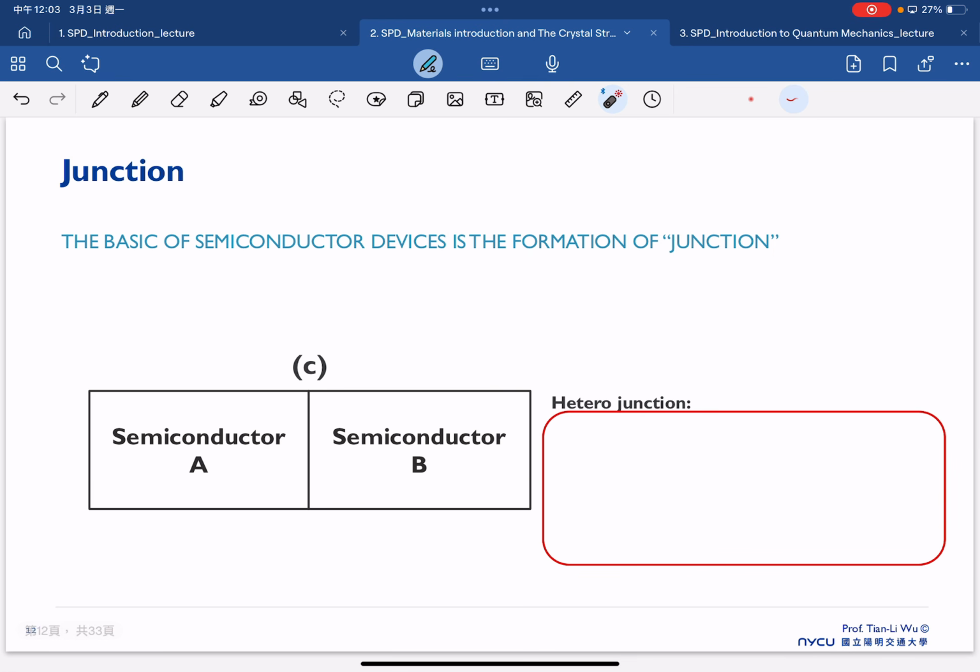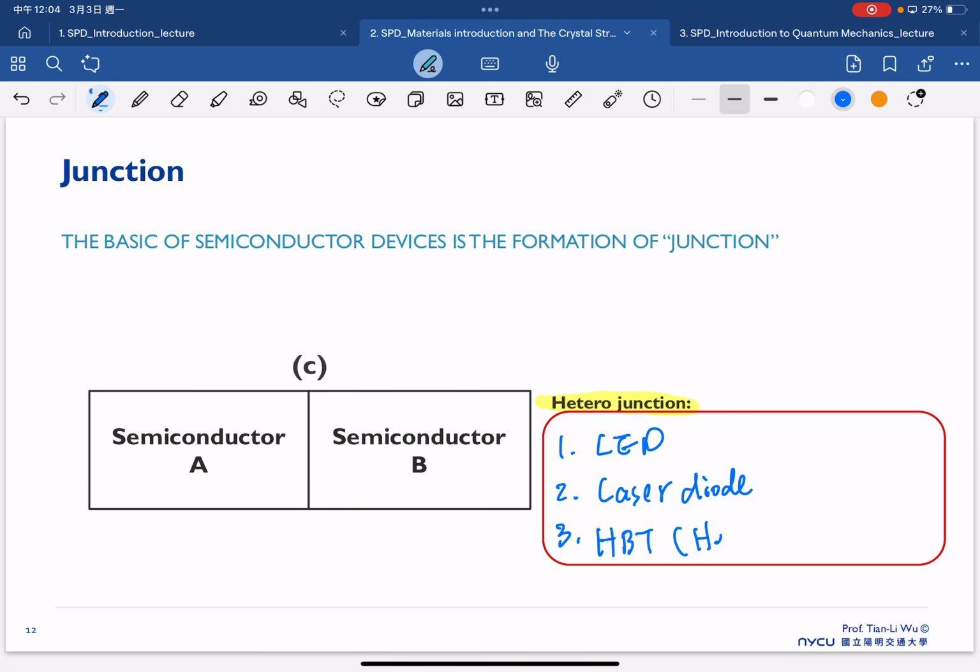Okay, so next, we try to combine two different semiconductors together. That's usually what we call the heterojunction. So, for example, the LED or the laser diode, and the third one is the HBT, which is the heterojunction bipolar transistor.